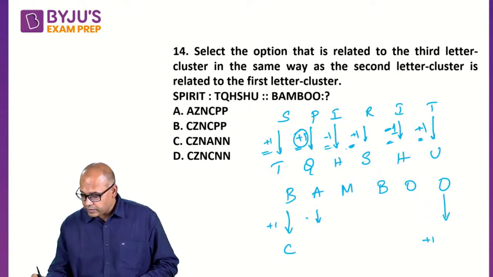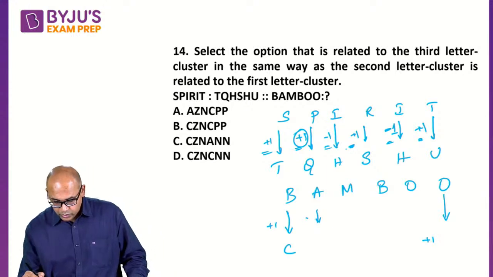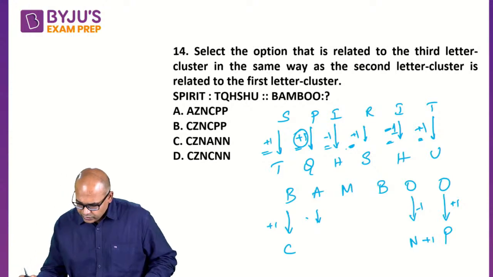So plus 1, STU, OP, plus 1. This should be minus 1. This should be N. Oh, something is going wrong in this.